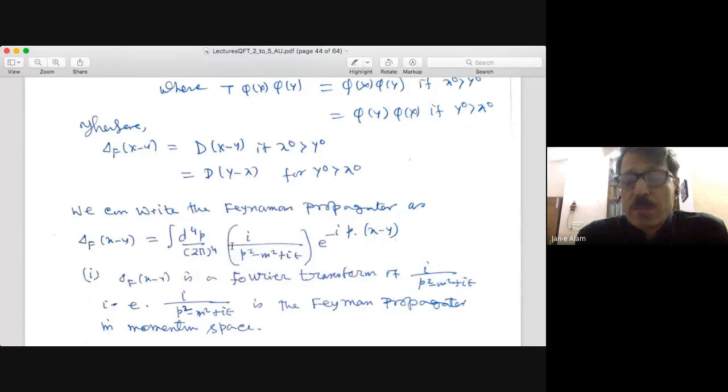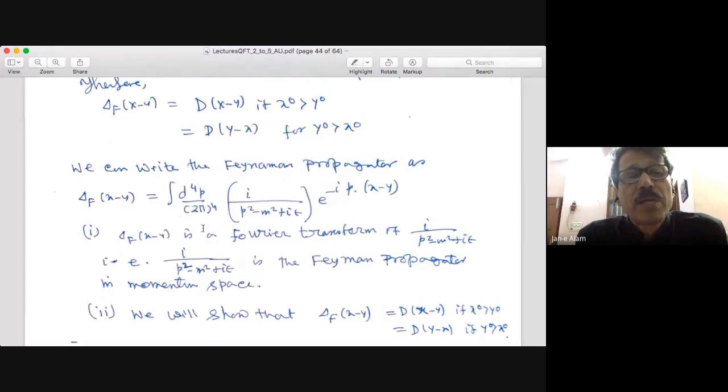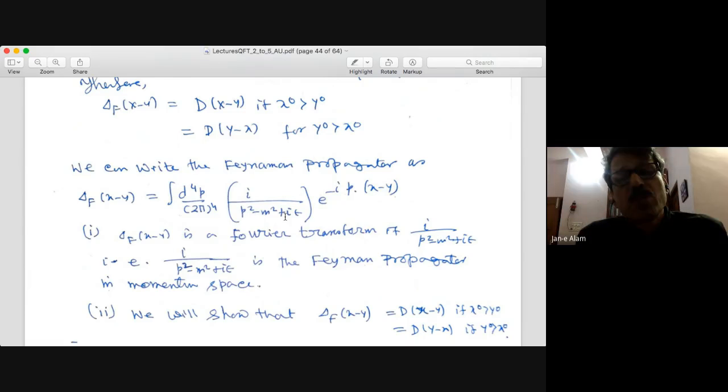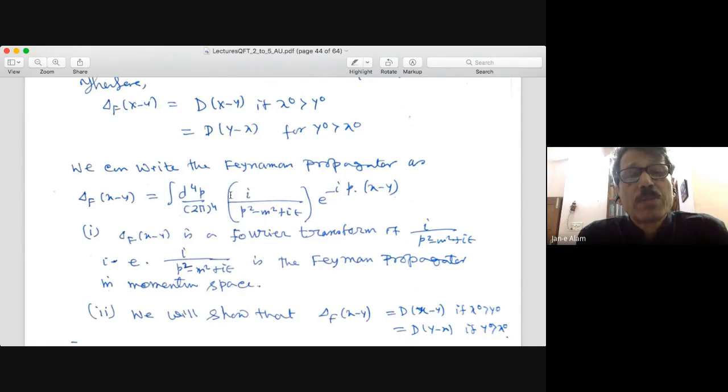So this is the Feynman propagator as it is defined. You can also say that if Δ_F(x minus y) is the Feynman propagator in coordinate space, then i by p² minus m² plus iε is nothing but the Feynman propagator in the momentum space, because Δ_F(x minus y) here is nothing but the 4-dimensional Fourier transform of this particular quantity.